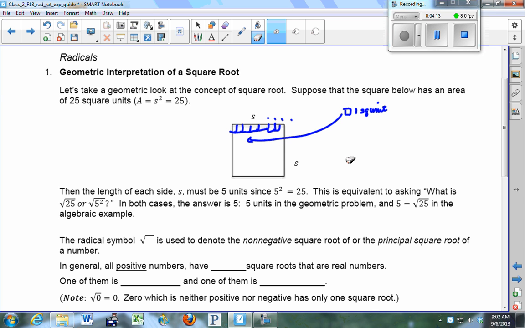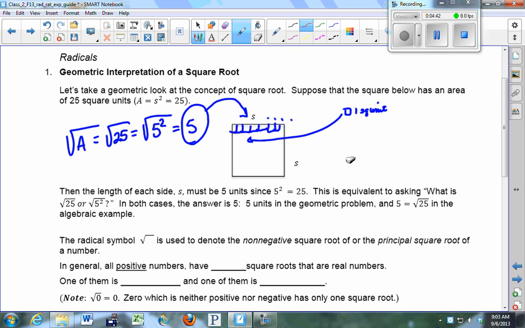So that's the same thing as saying, what is the square root of 25? When you're looking for the length of the side of a square, that's equivalent to saying what's the square root of whatever your area is. So in this case the area is 25, and you can represent 25 as 5 squared, and therefore our answer, the length of the side, is 5.